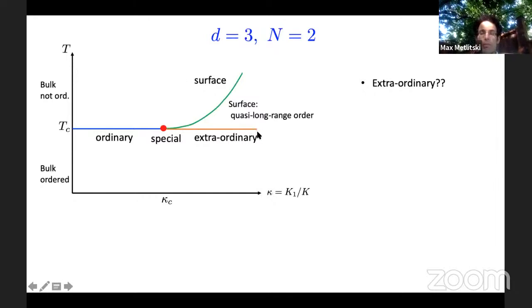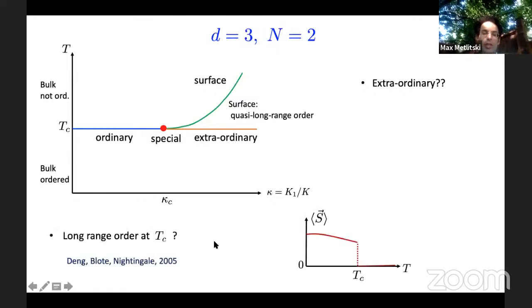So when the bulk orders out of this surface phase with quasi-long-range order, this question has not really been addressed in the literature. The only discussion of it that I could find was in an old numerical paper that did classical Monte Carlo. They discuss several scenarios for what might be happening at this extraordinary transition.